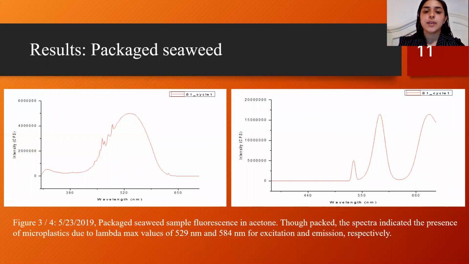I also wanted to very quickly cover the results from the packaged and previously dried seaweed, since I did have crystals eventually form. The excitation spectrum actually shows activity in the range that I had mentioned earlier, between 450 to 510 nanometers. There's various peaks in this range that actually detract from the smooth curve that is normally expected in fluorescence.